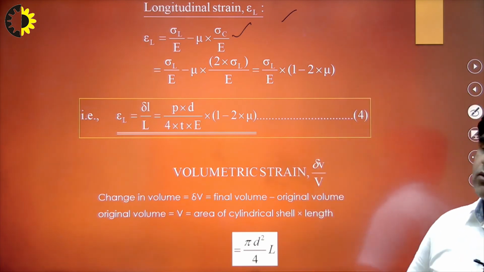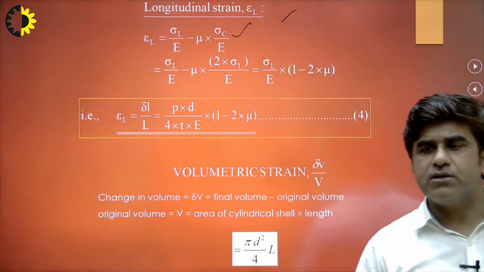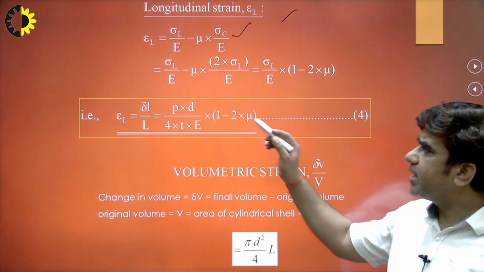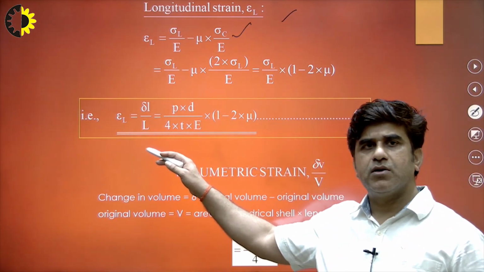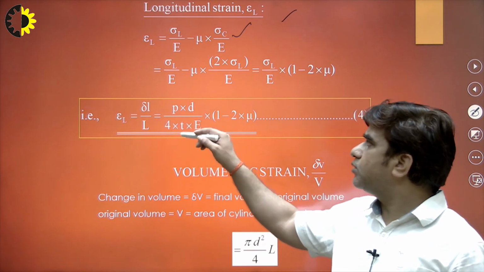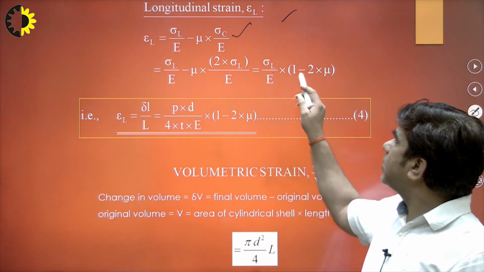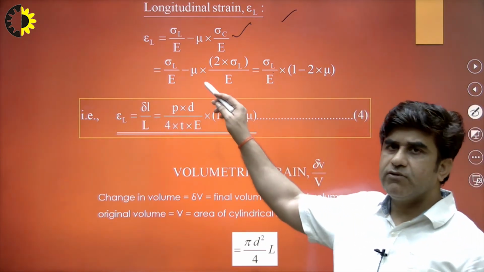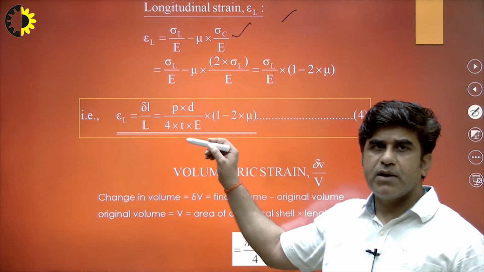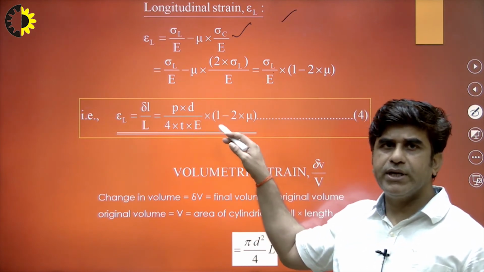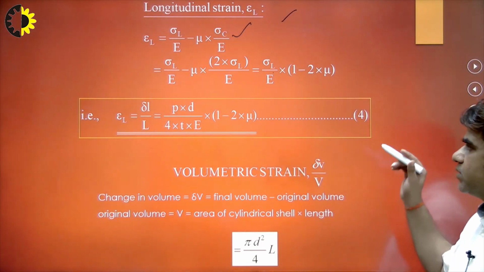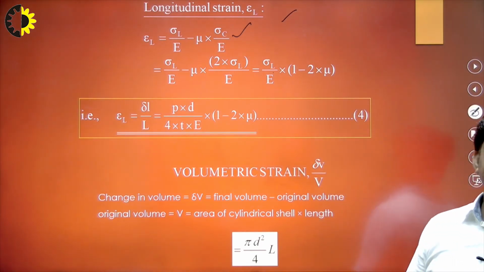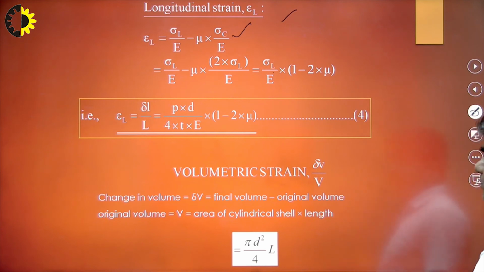And again we know this longitudinal strain equal to change in length upon original length. Okay. So, this is also equal to sigma L by E 1 minus 2 mu. Putting the value of sigma L, the epsilon L equal to P into D upon 4 T E into 1 minus 2 mu. So, these are the two strains calculated.